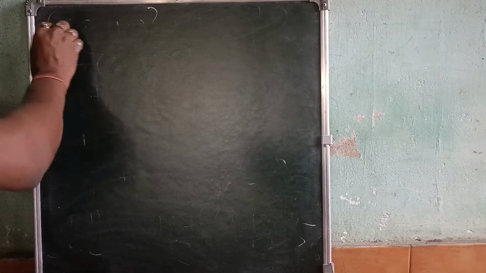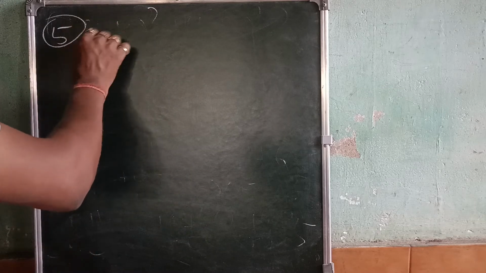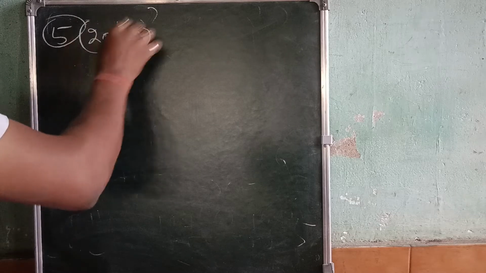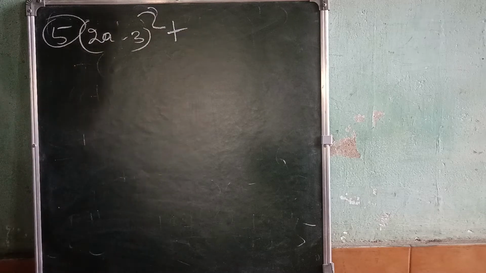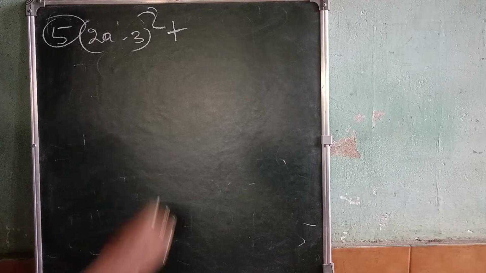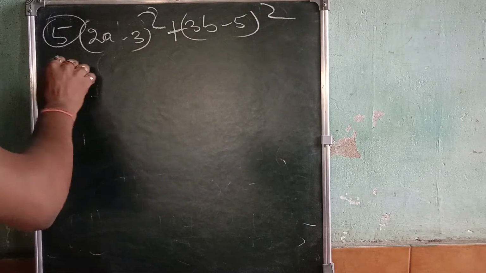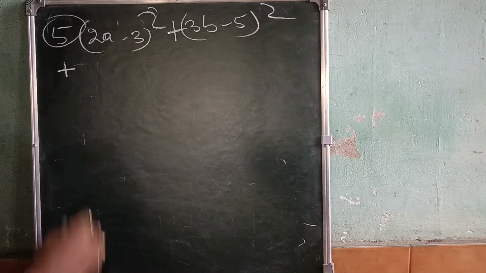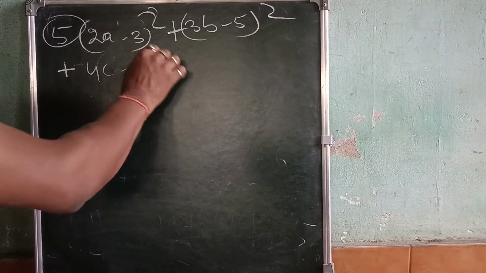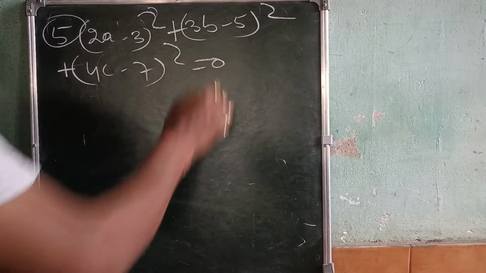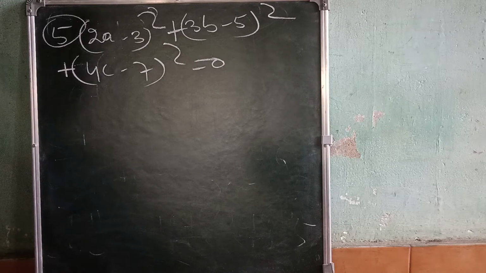Question number 5 is: (2a minus 3) whole square plus (3b minus 5) whole square plus (4c minus 7) whole square is equal to 0.